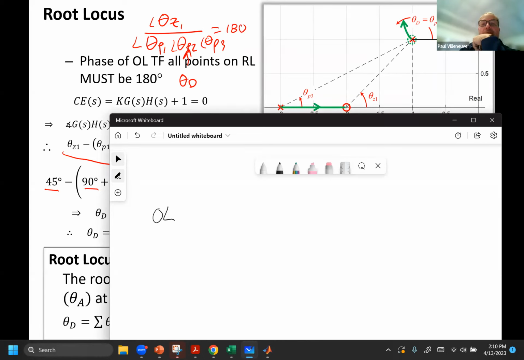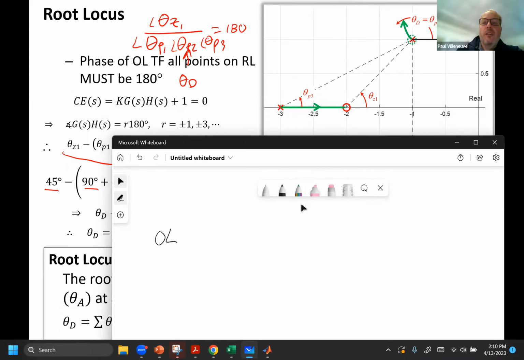Remember, all we have to do is look at the poles and zeros, and we can tell that, right? So our poles, we have -3, and then we have -1 plus j and -1 minus j, our three poles. And our zeros, we only have the one at -2.